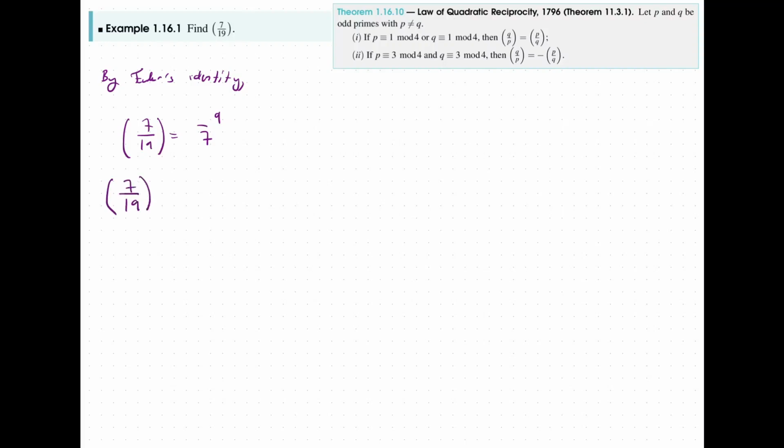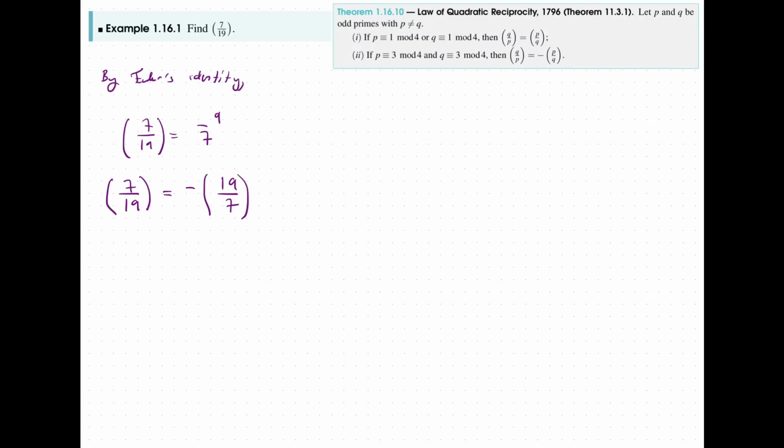We know that both of these primes are going to be congruent to 3 mod 4. And so the law of quadratic reciprocity tells us that we can go ahead, flip this, and make it negative. So this will be equal to the negative of 19 on 7. So we got this here.